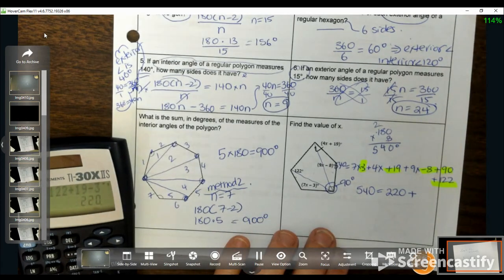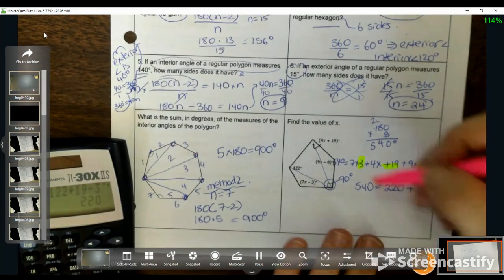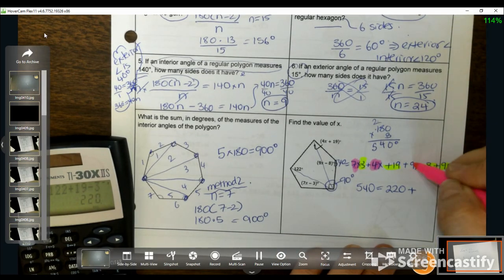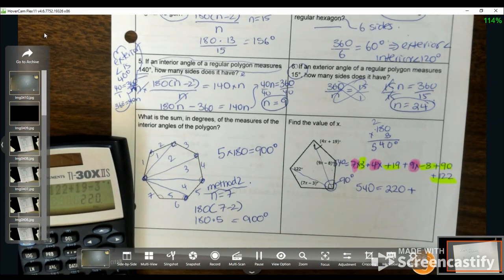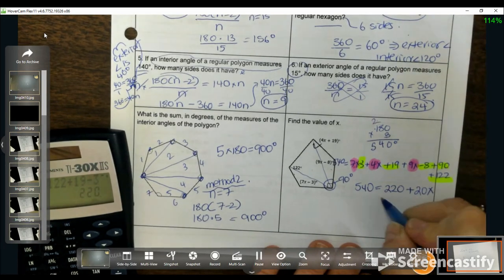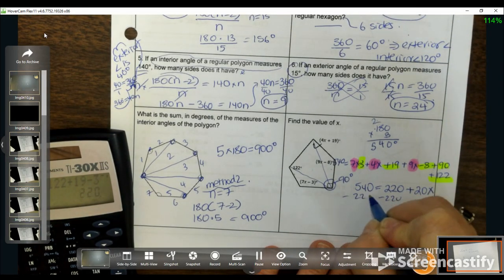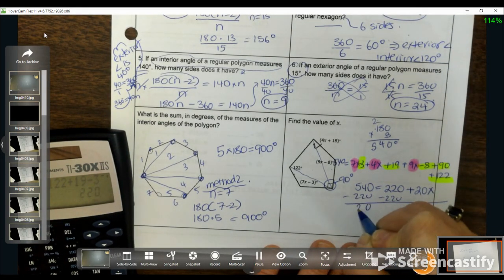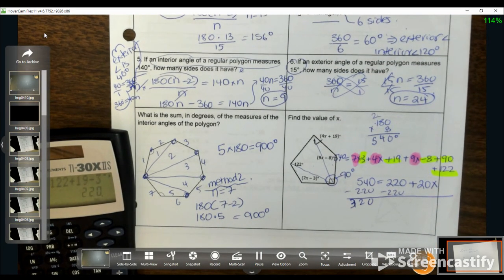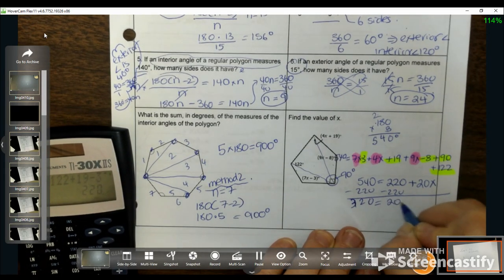Now I'm going to add up all the coefficients of the variables. I have 16 plus 4 is 20x. I'm now going to subtract 220. I get 320 is equal to 20x.